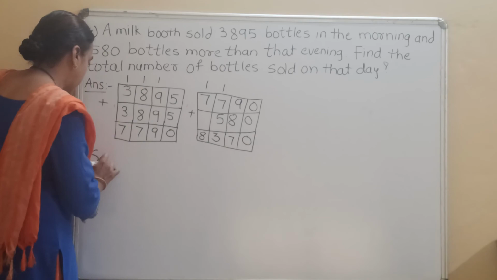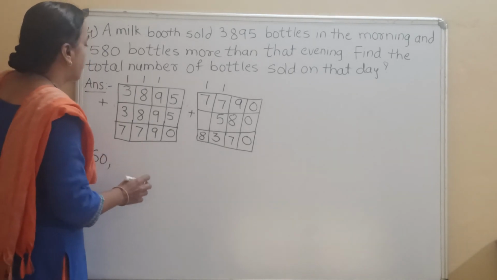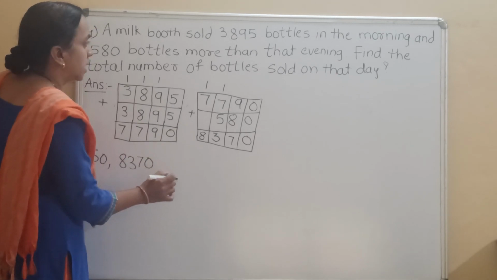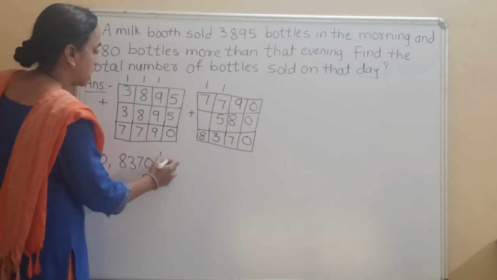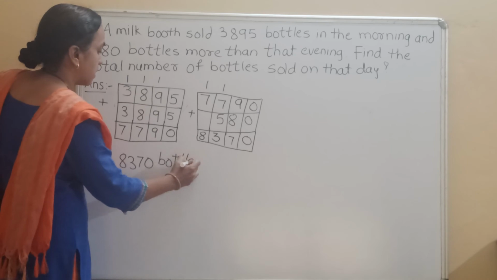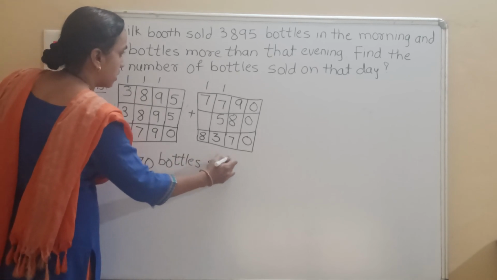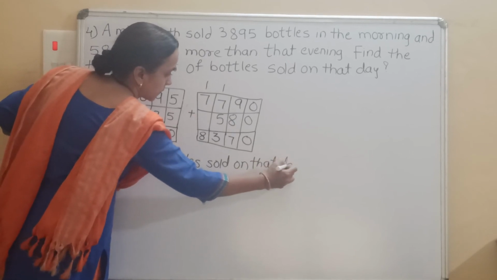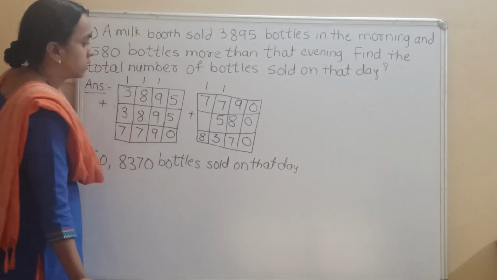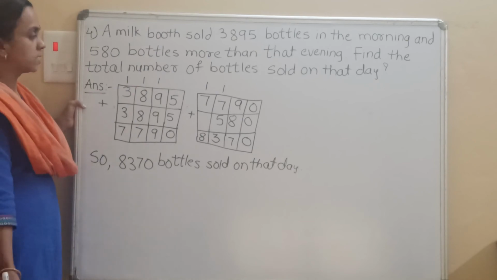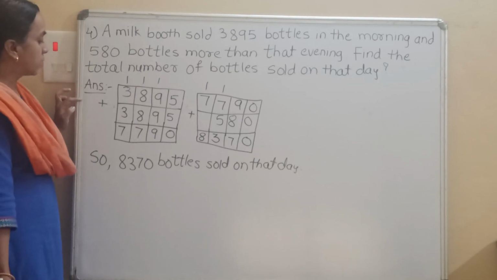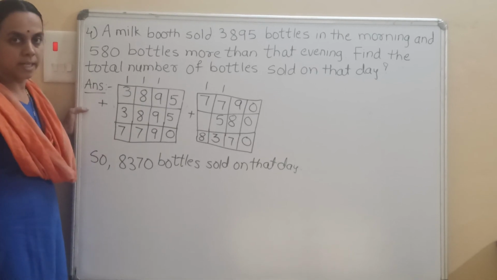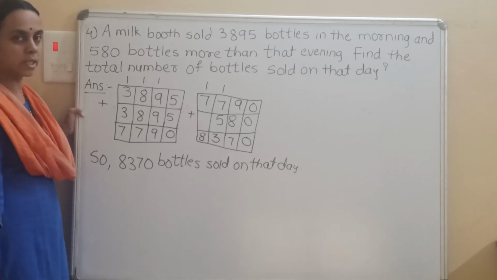So you write down like this: 8,370 bottles sold on that day. See, some questions are tricky, but we have to read them twice, thrice, and only then will we get the correct answer. So write it down.